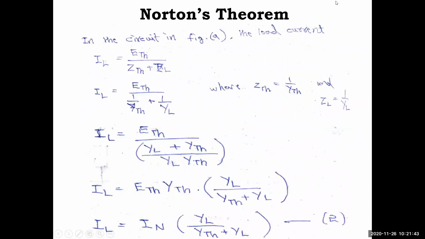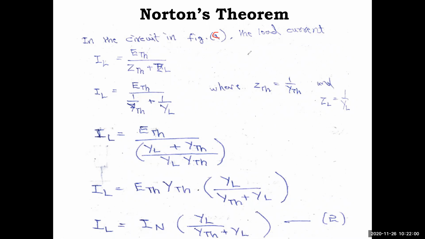So in the circuit of figure C, it should not be figure A, figure C here. Figure C we have taken, no? The load current. First I am taking this figure and doing the derivation. So it was ETH by ZTH plus ZL.